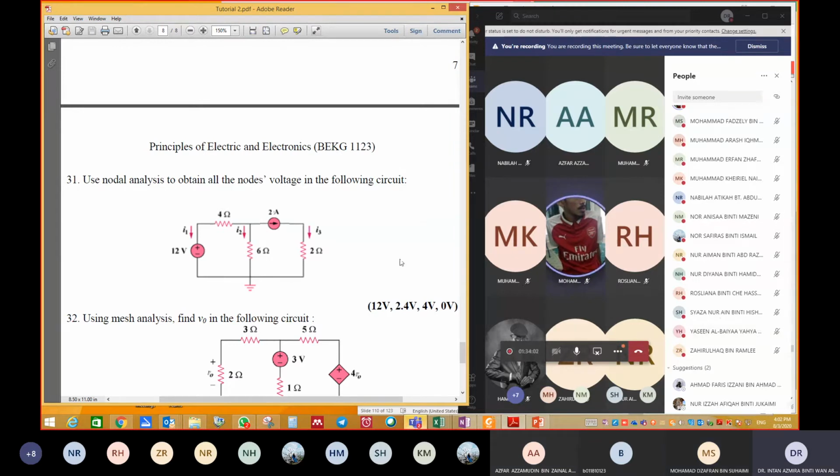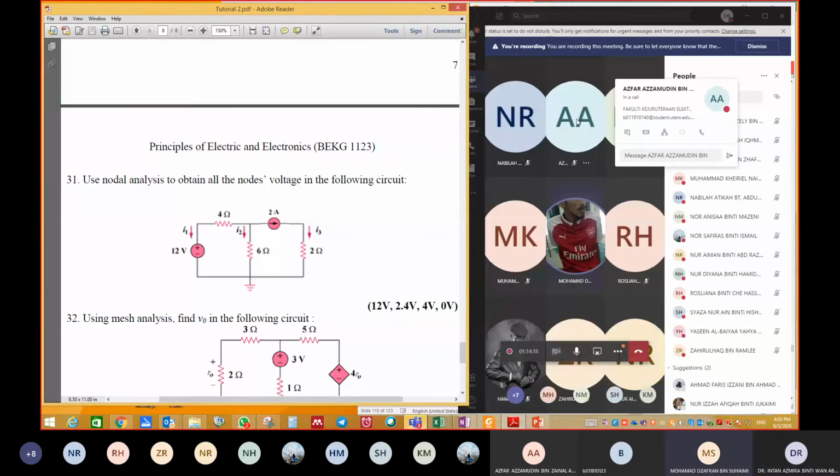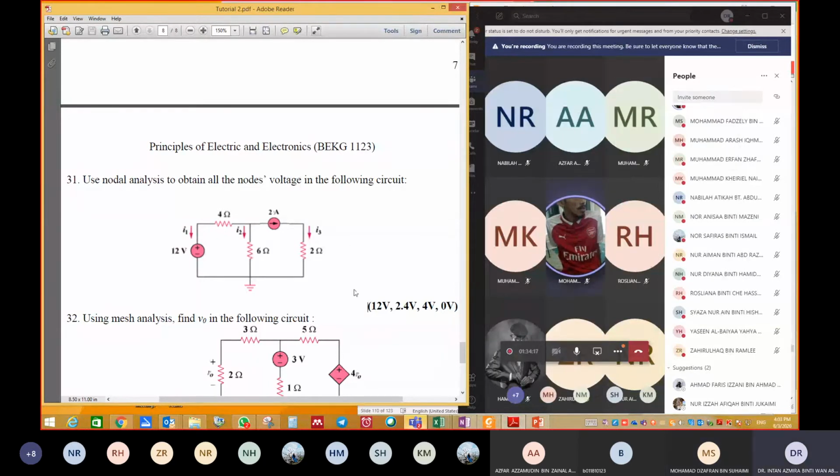Okay, when you have 2 nodes, you will have 2 equations. When you have 3 nodes, that means 3 equations. Where is the node?